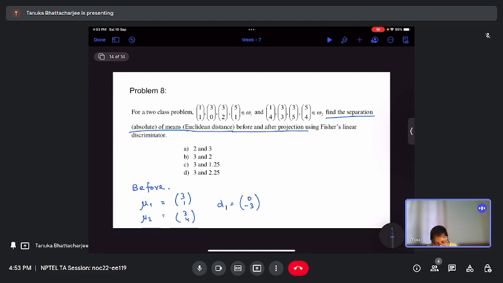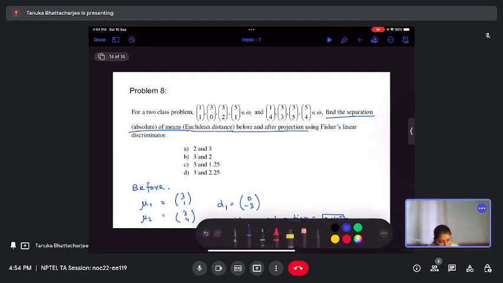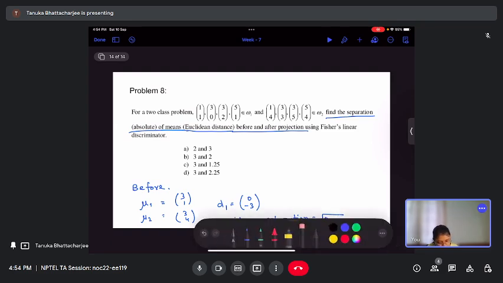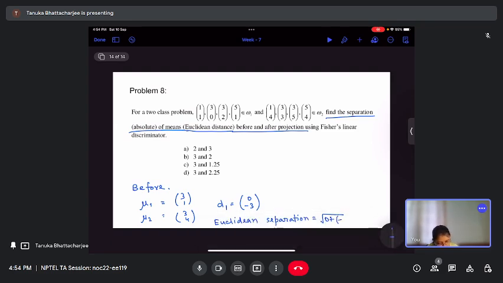So, the Euclidean separation is equal to root over 0 plus minus 3 square, this is equal to 3. This is before projection. The separation of the means, the Euclidean distance is 3.